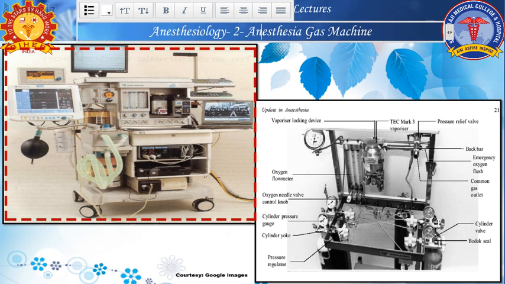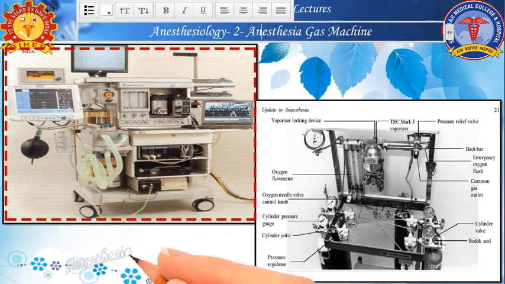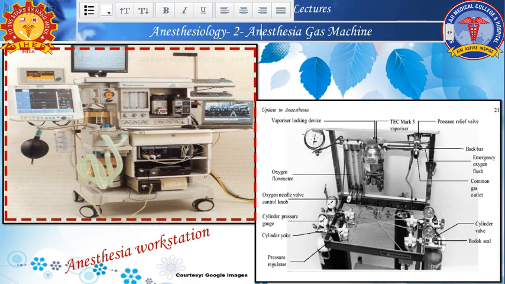So the vaporizers. So that's now called the anesthesia workstation. It has evolved in leaps and bounds in the past 2 or 3 decades. Now we have so many electronic adjustments and electronic alarms. Many things have come up now.